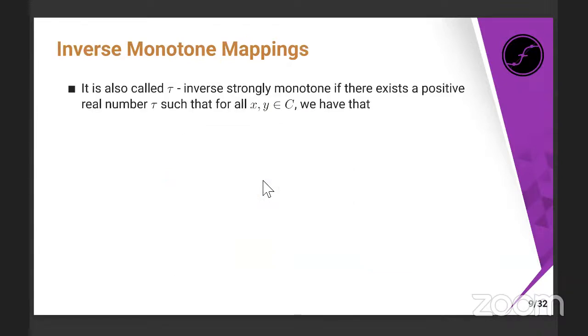On the other hand, we also have what we call inverse strongly monotone mapping. So what is an inverse strongly monotone mapping? It is also a nonlinear mapping satisfying inequality 7 with a constant positive real number tau here.